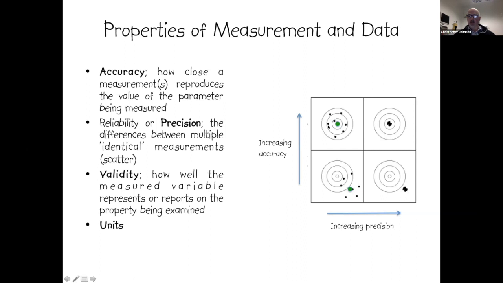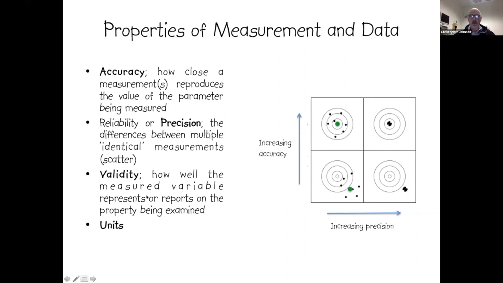So here we have two cases where our observations and our average of these observations give an accurate value near the center of the target. These are lower accuracy situations. And then here on the right, we have two cases of high precision, this one with low accuracy and this one with high accuracy. But in addition to accuracy and precision, we also need to think about an element of validity.